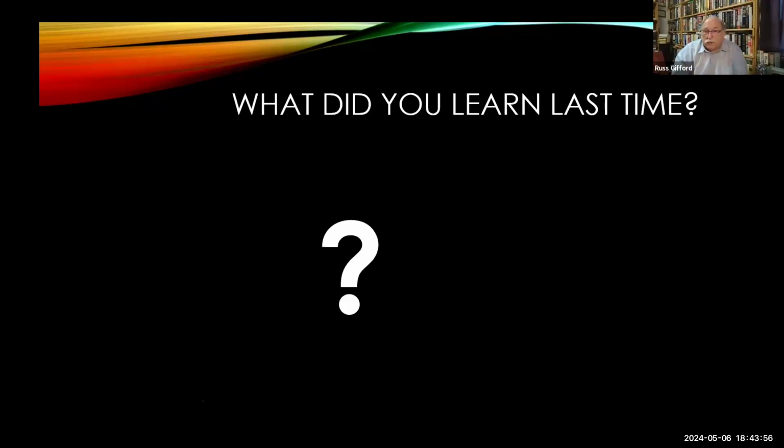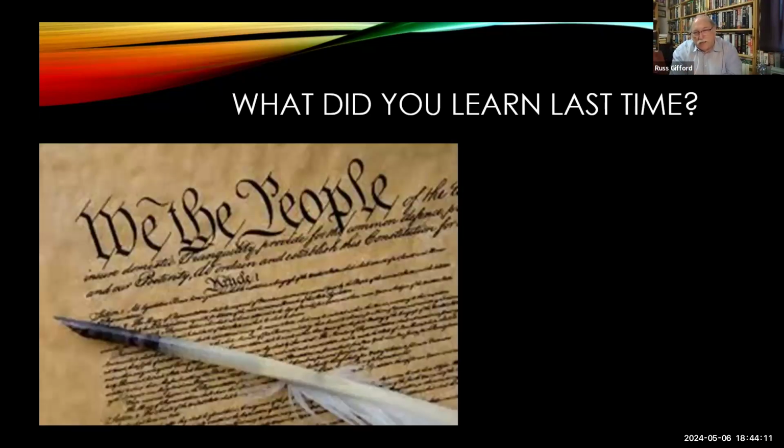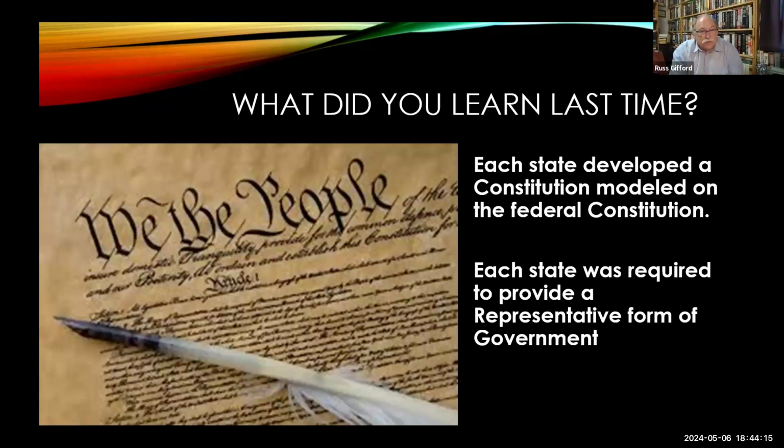And last time we looked, then, even though it was not necessarily part of that first group, it's really the logical step. We moved over and looked at the states and said, okay, what does the state bring to us, right? And in reality, what we saw was that after the Constitution passed, each state had to go back and develop a constitution modeled on the federal Constitution.